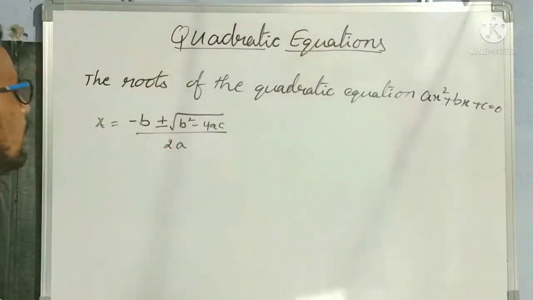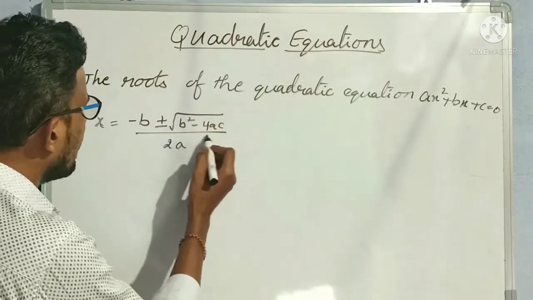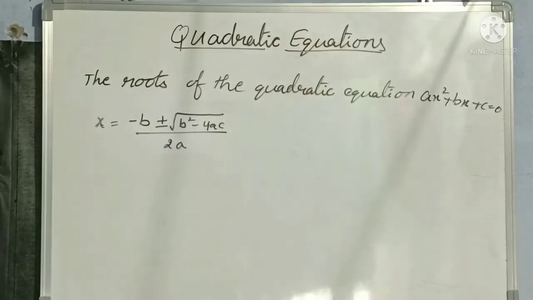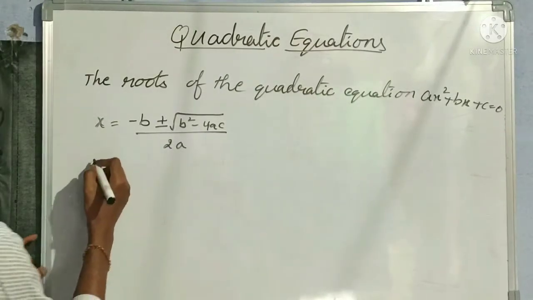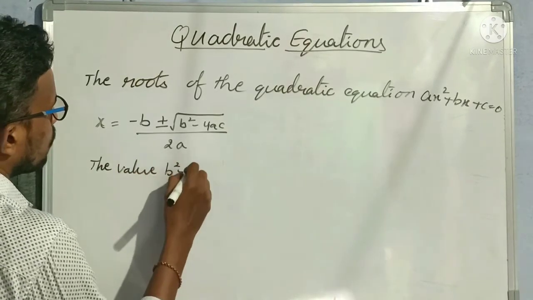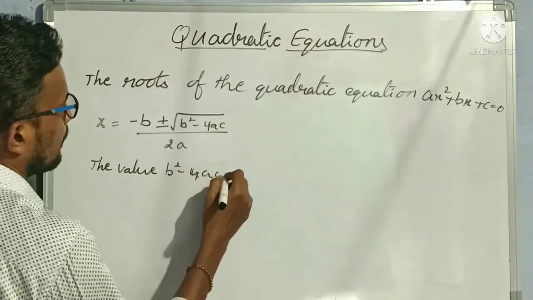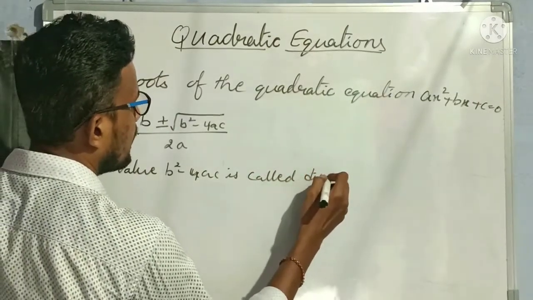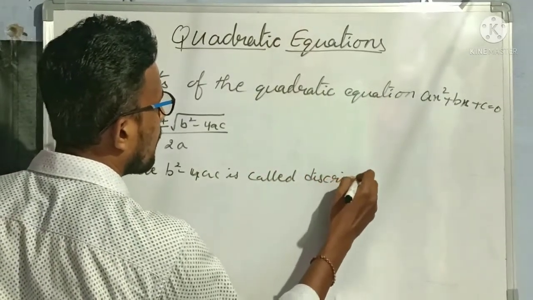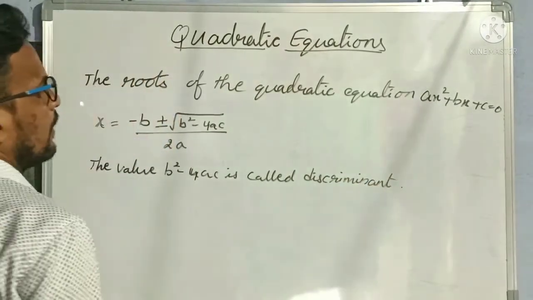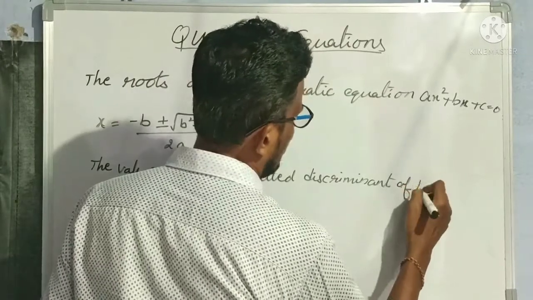But here, whatever value we are taking, b square minus 4ac, that is called the discriminant. The value b square minus 4ac is called the discriminant of the equation.